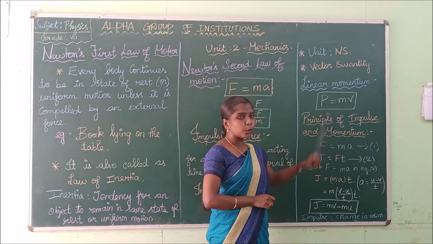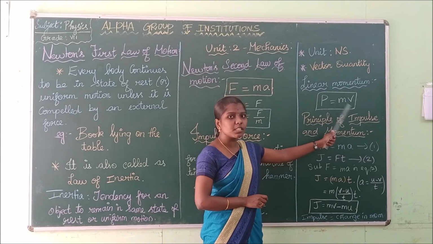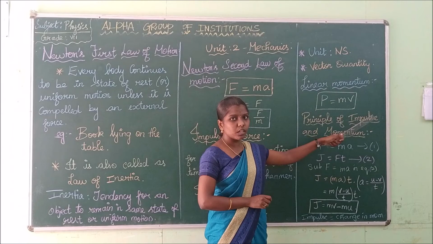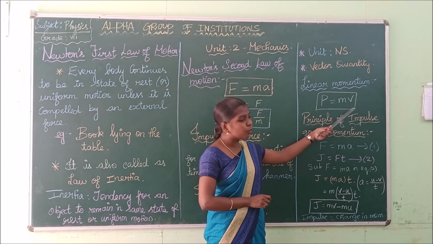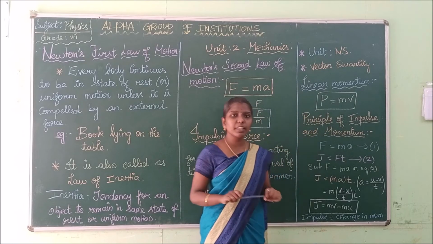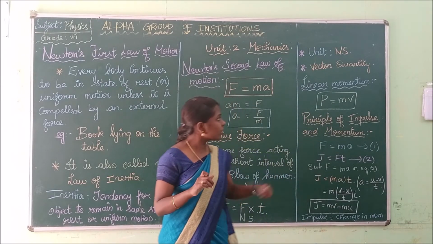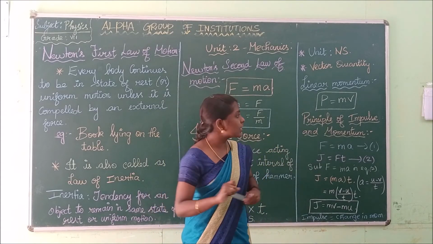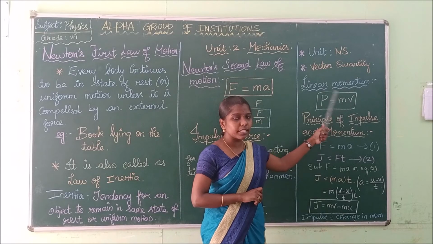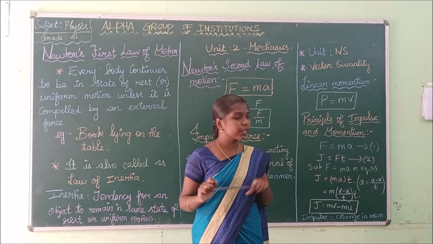Linear momentum is the product of mass and velocity. This linear momentum is also a vector quantity. Since velocity is a vector quantity, linear momentum is also considered to be a vector quantity.